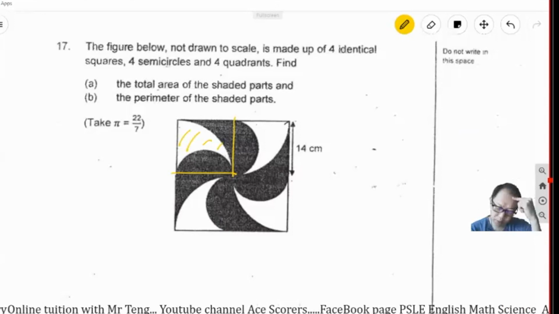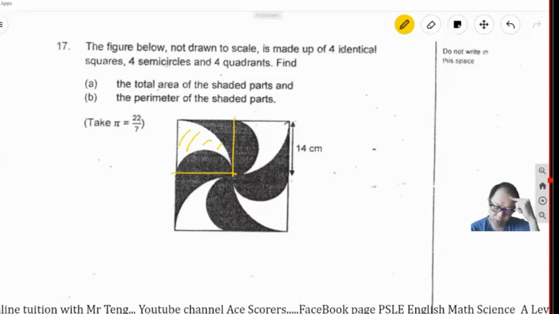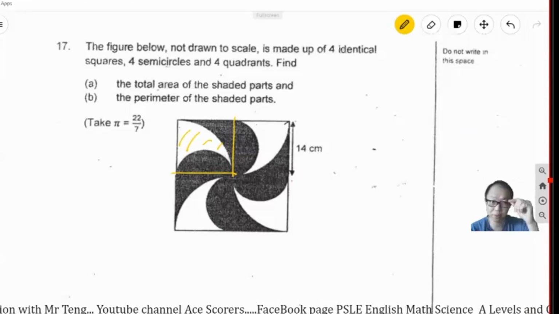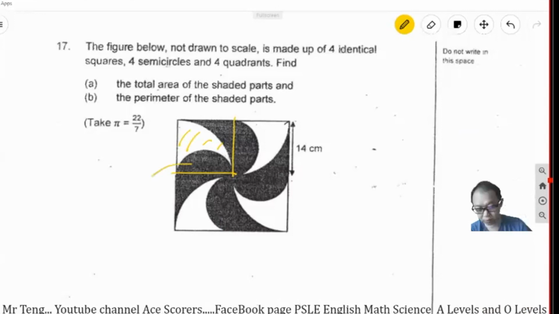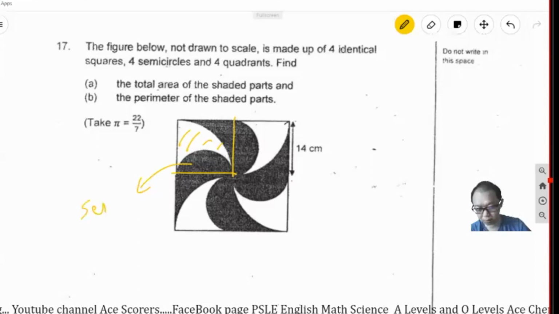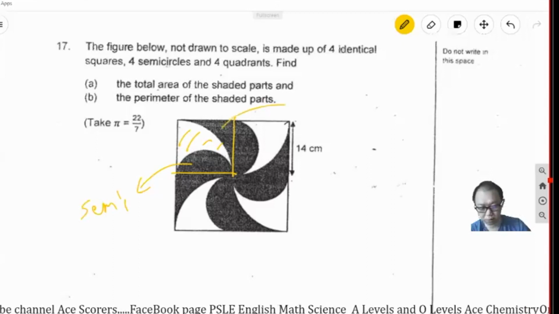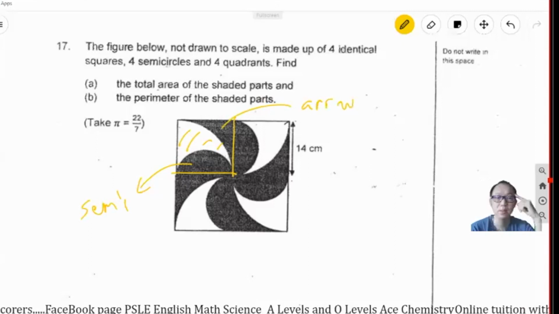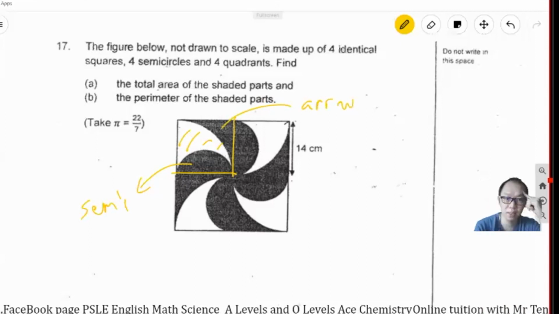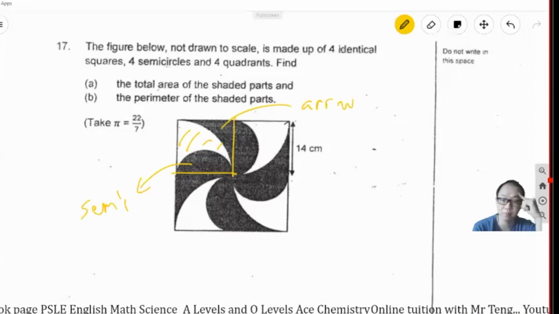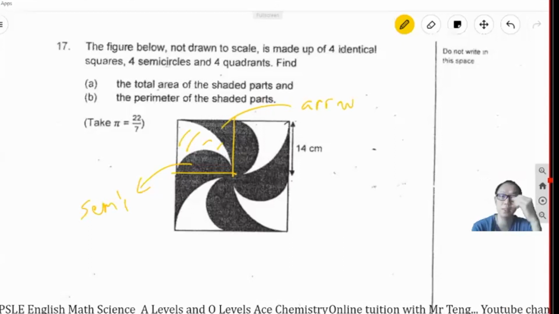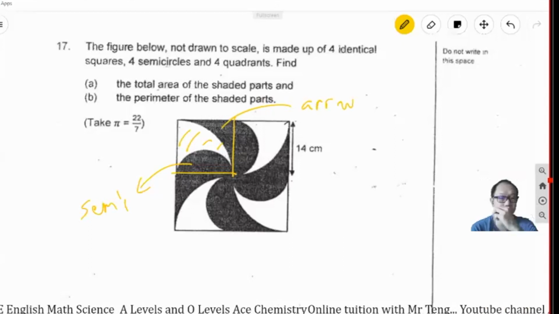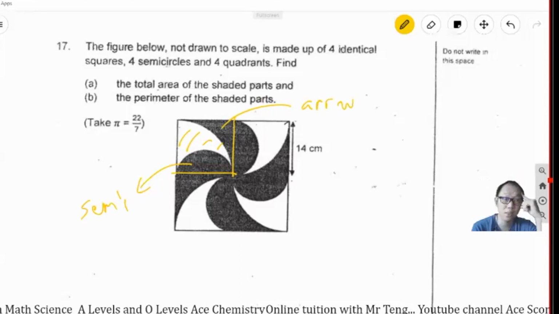You take the square minus the semicircle and the arrowhead, okay? So this is the semicircle and this is the arrowhead. Then we can find the white color part, but actually we don't need to, right? You just find the semicircle and the arrowhead, then times 4, right?